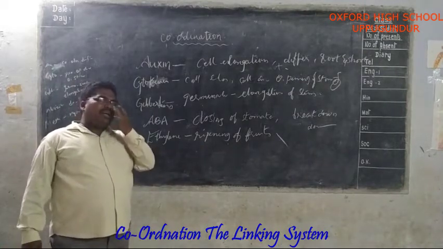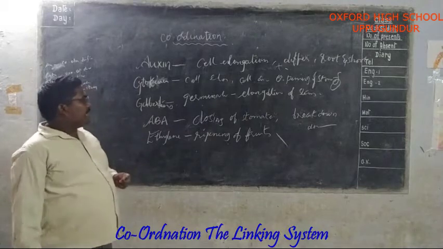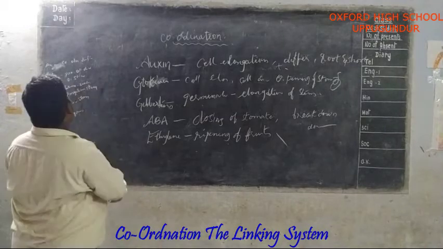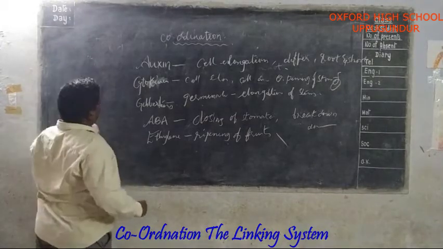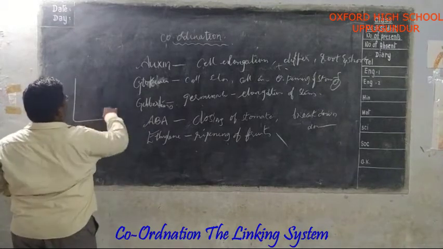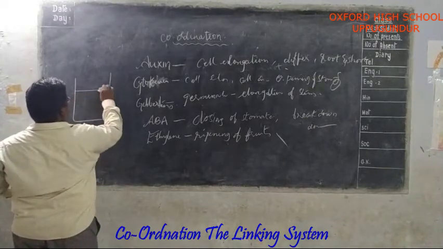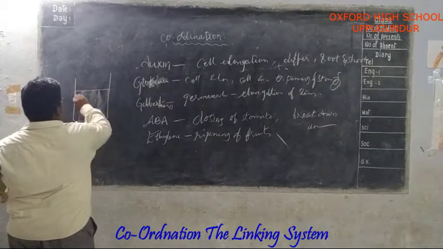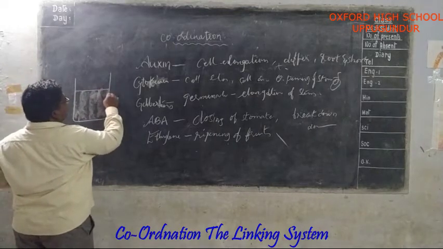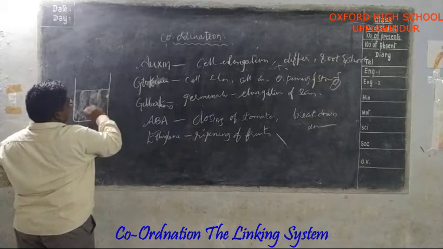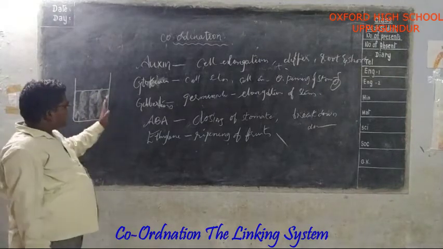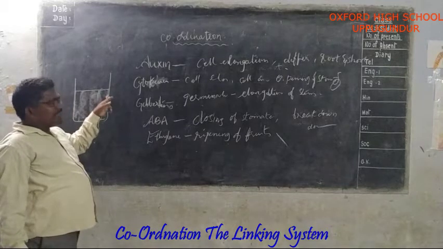I am going to explain another important thing. Take a glass jar with soil and sow a seed on the side of the glass jar, just beside the wall of the bell jar.